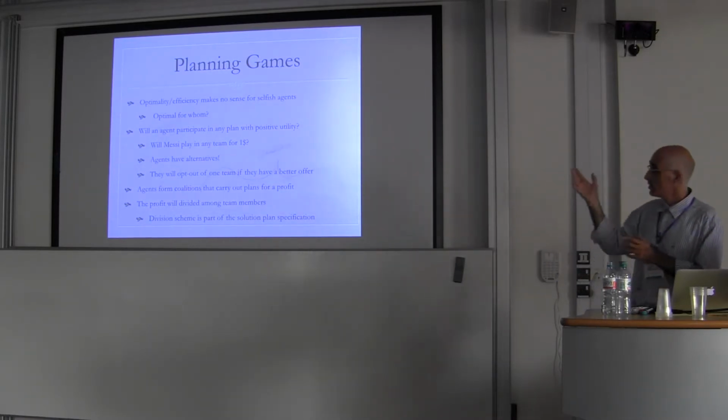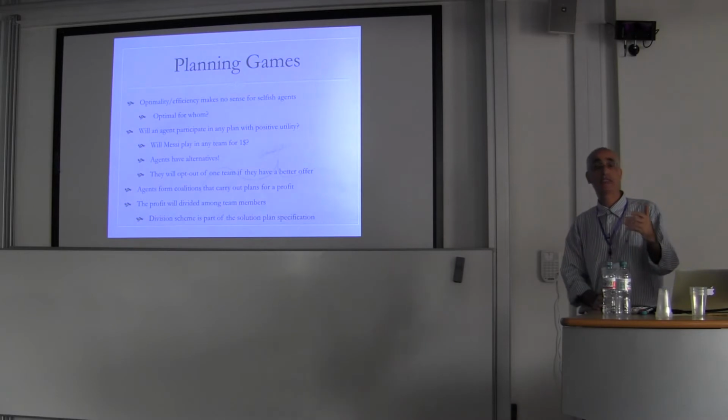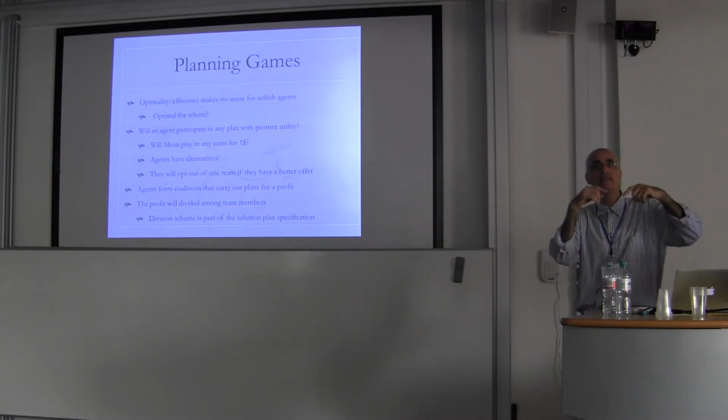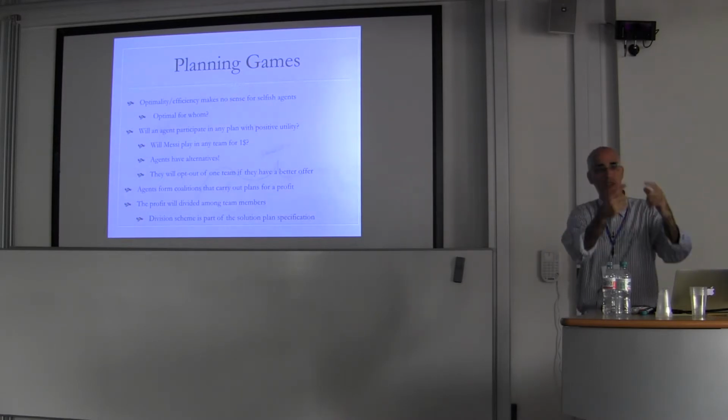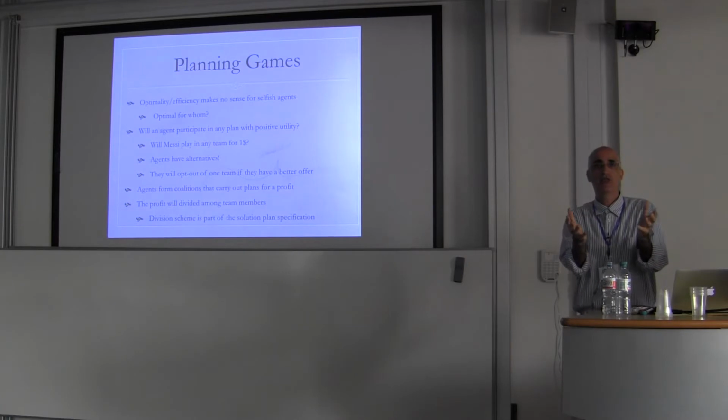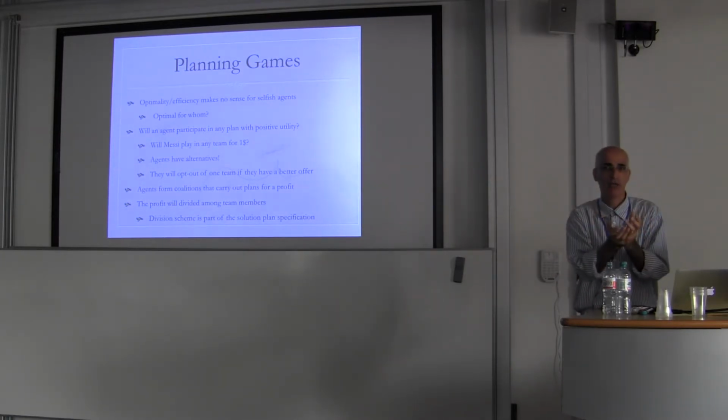So planning games is just one formalism that looks at this issue of how you form a coalition, how you can generate a plan and a coalition that will be stable, so that the agents who are part of this plan will want to remain part of the coalition.